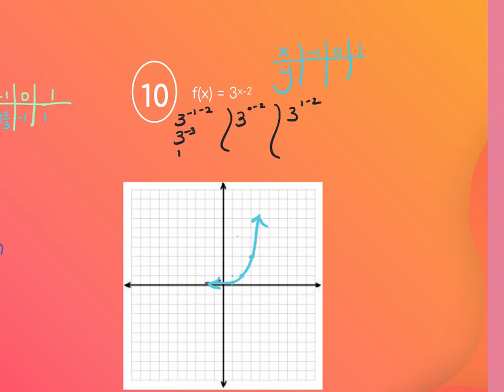So this becomes 1/27. 3 to the 0 minus 2 is 3 to the negative 2, and that's 1/9. 3 to the negative 1 is 1/3. So I'd get negative 1, 1/27, 0, 1/9, and 1, 1/3.